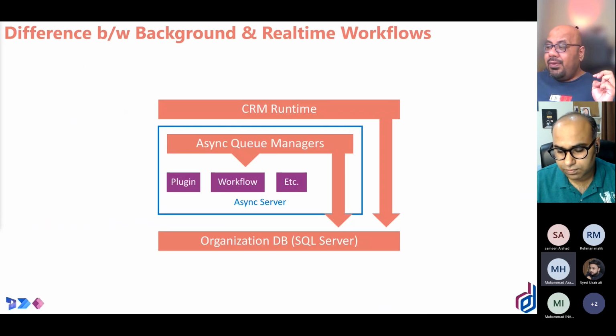And if we look at the further analytics, you will see you have the runtime in which you have the asynchronous queue manager. It is going to manage and identify what is going to execute next. So there is also a difference in which executes first or which executes last. But there are some controls that are not available for the workflows.